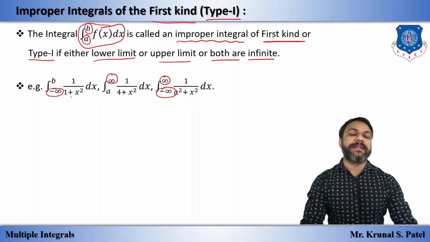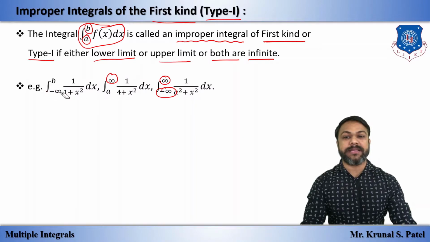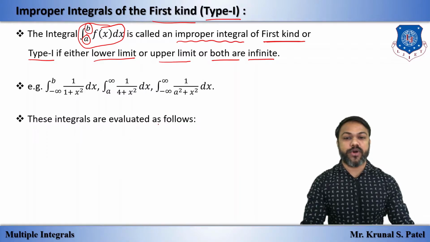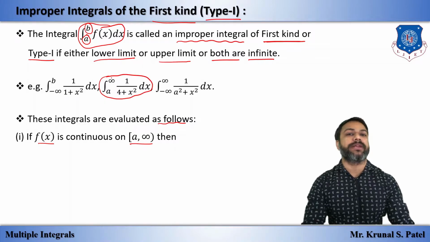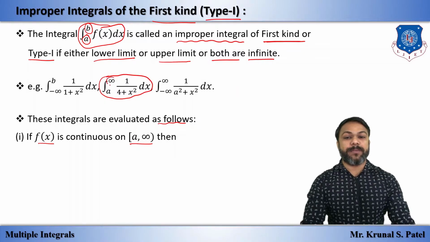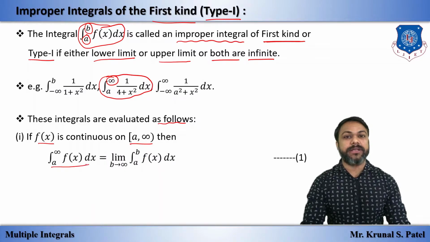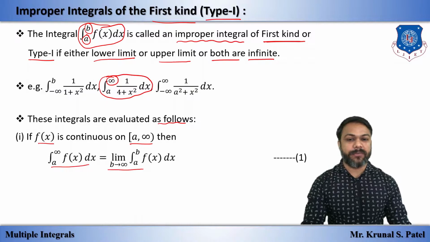How to solve this integration when the limit is infinite? For that we have the following method. Number 1, if f of x is continuous on a to infinity, that means its upper limit is infinity, then the integration is written in limit form.